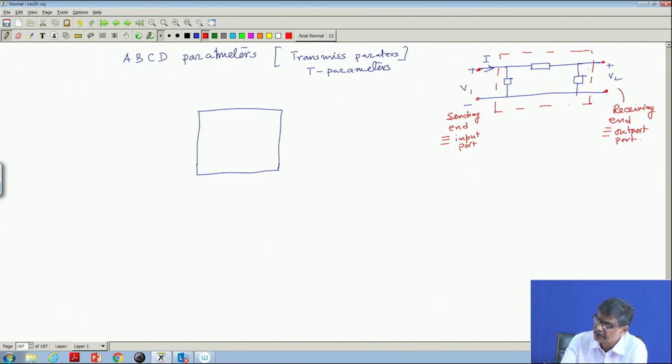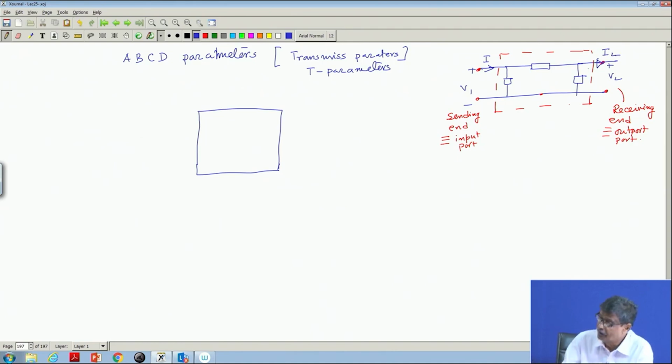Here also it is 3 terminals essentially, 1, 2 and 3, a 3 terminal 2 port network. Anyway, in transmission line business there is a little difference in the convention. What is that convention? While describing the current direction, I2 is taken in the opposite direction.